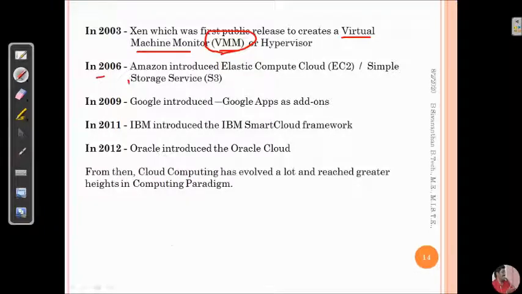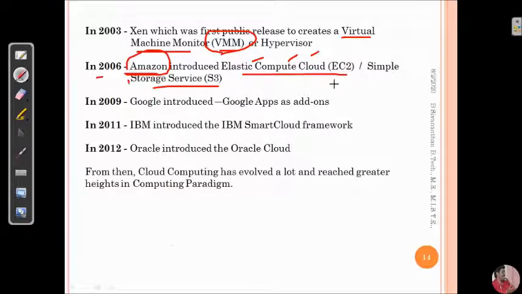In 2006, Amazon, as you all know the leading cloud service provider, introduced two main things: EC2 and S3. EC2 is the Elastic Compute Cloud, by which we can create a virtual machine and run any sort of application in it.